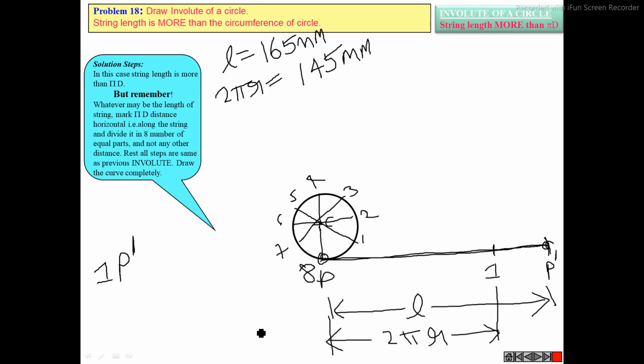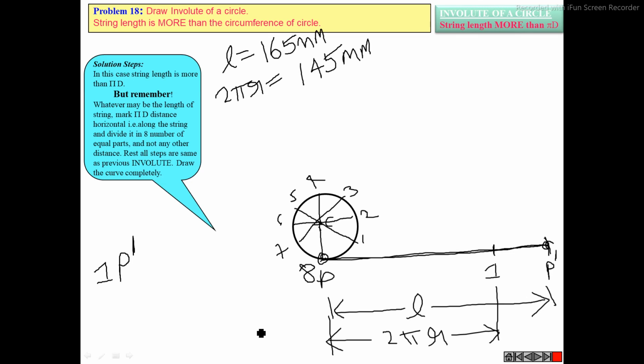Yes, sir. So which line will I divide by set square method into 8 equal parts? Will I divide the P1 line or the P dash line into 8 equal parts? Because in this case, on the same tangent line, your circumferential length 2 pi r is also lying, that is P1, and your length of the thread is also lying, that is P dash.